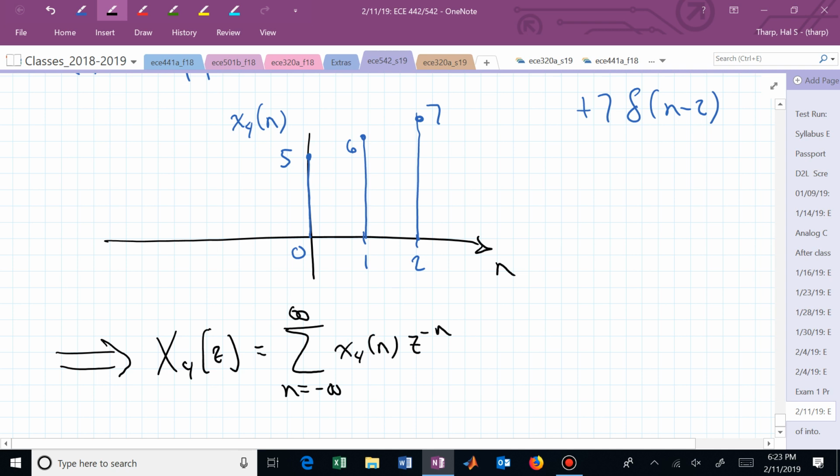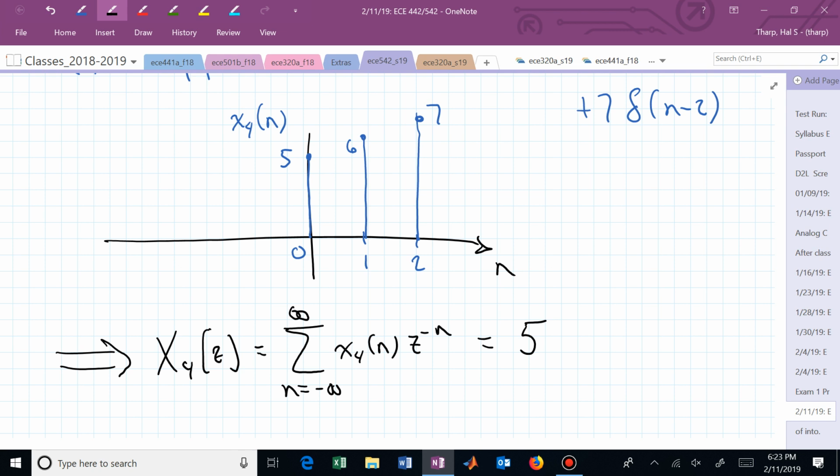If you were looking for partial credit on the exam, you would write that down, right? But x sub 4 of n doesn't have that many non-zero values. When n is equal to 0, we have 5, and that's weighted by z to the power 0, or 1.